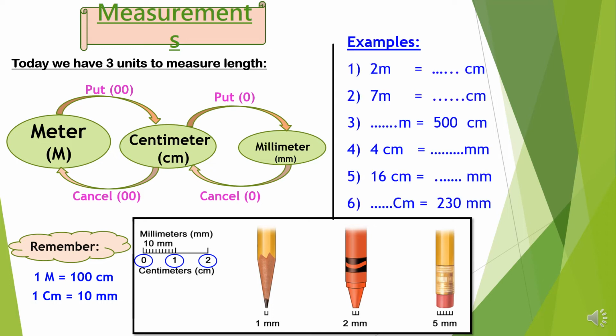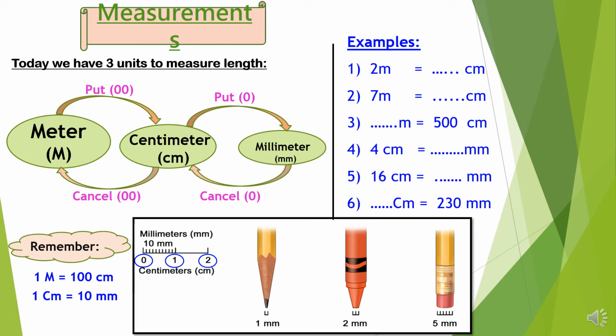Now let's practice. We have some examples here. 2 meter equal what centimeter? First, look at the unit. We are converting what? Meter to centimeter. So meter equal 100 centimeter.